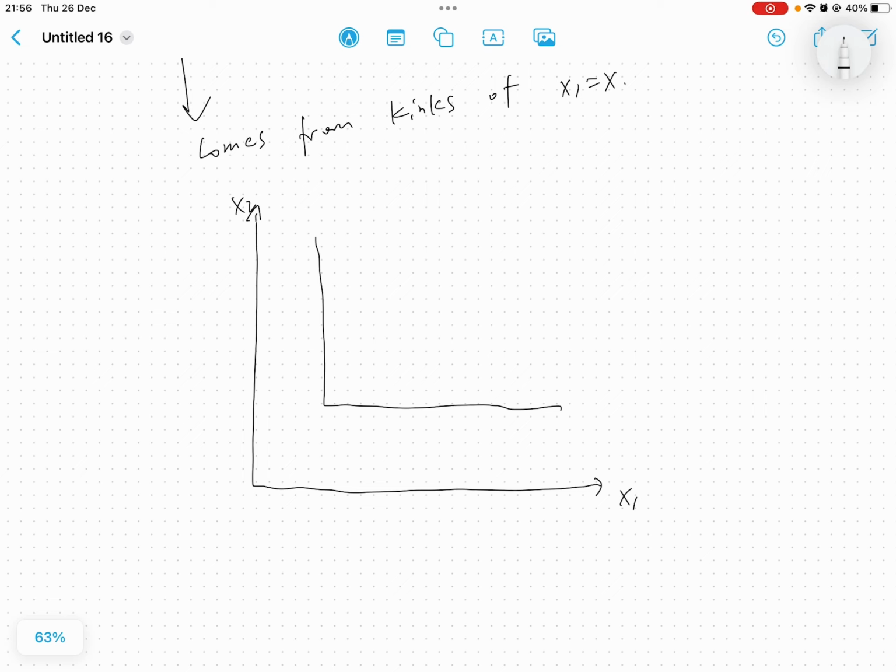Let's have this point as x prime, and let's suppose this is the 45-degree line. And we have another curve with the kink, and let's suppose this is the point x double prime. This is just an illustration for the Leontief preference, right?